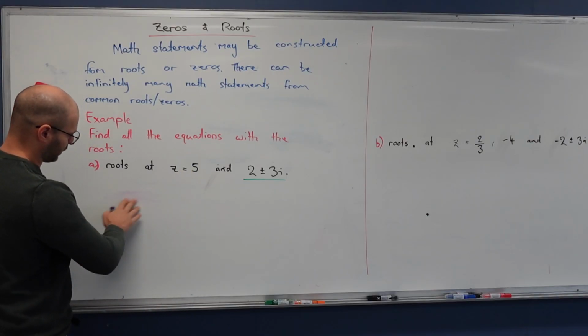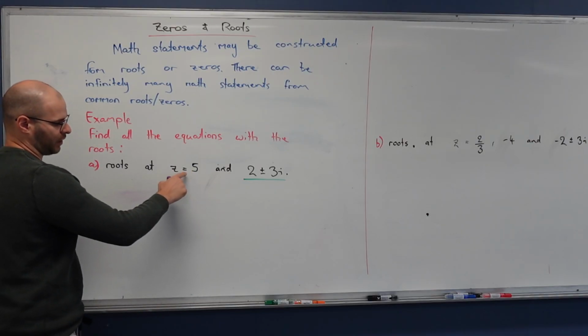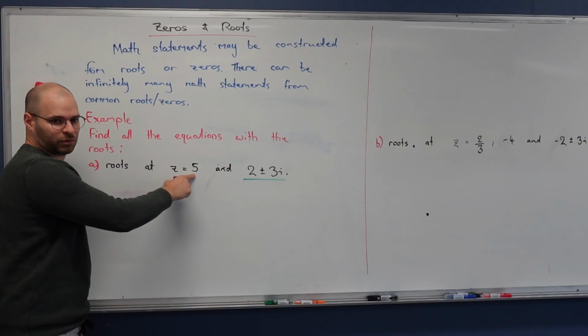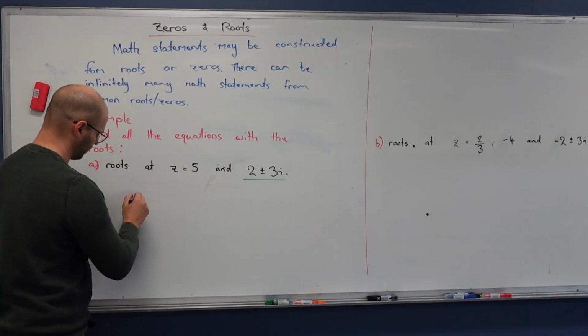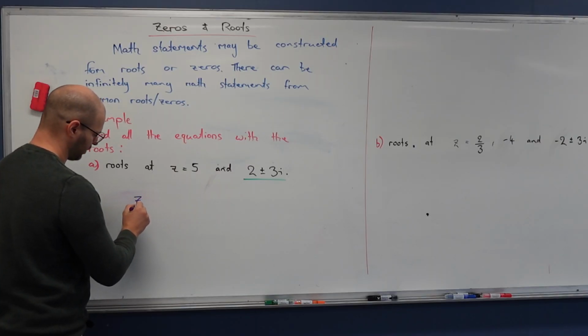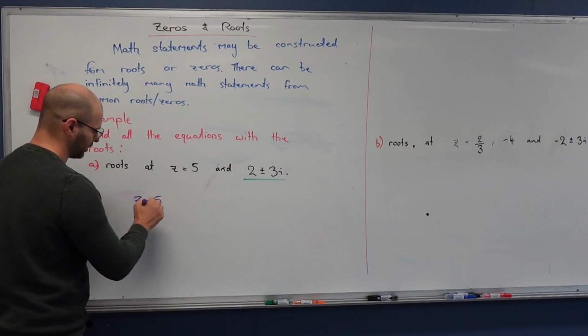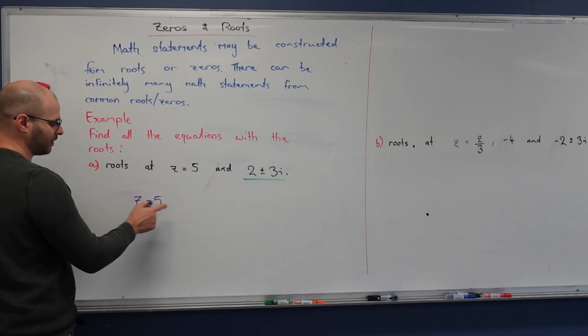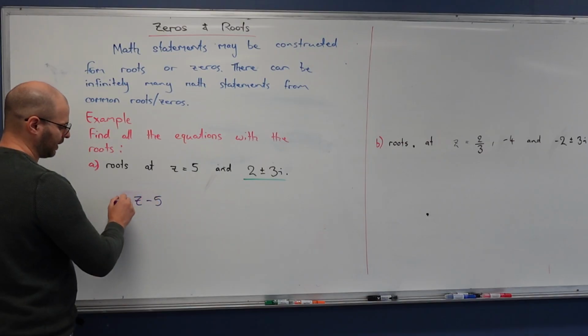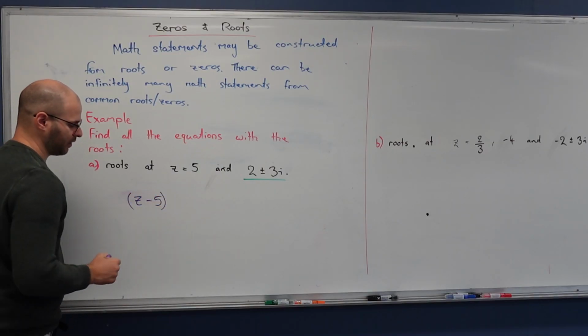I'll get rid of that because we're doing expression. It's a 5. What expression would have a zero at 5? Z take 5. Because if we substitute 5 into z, then the whole thing's 0. Now, this is our linear factor here.